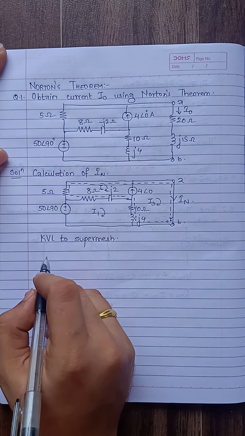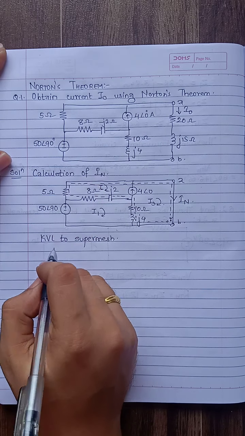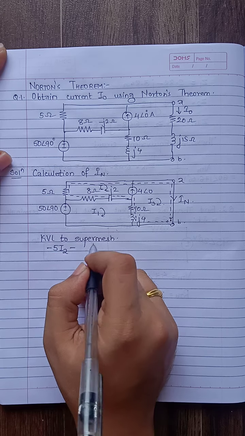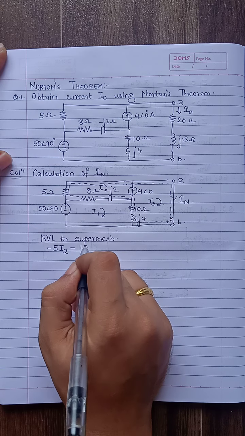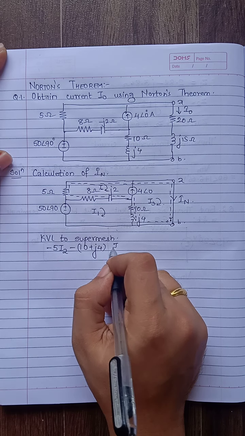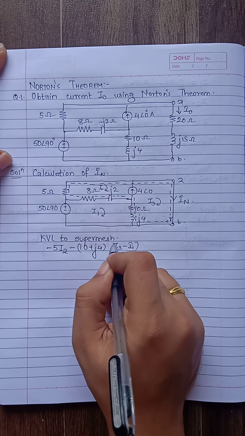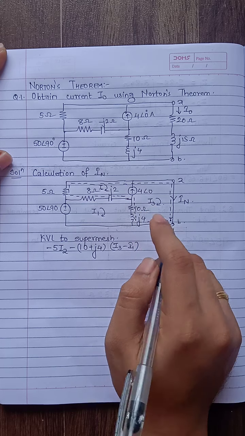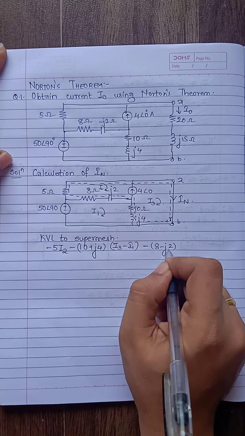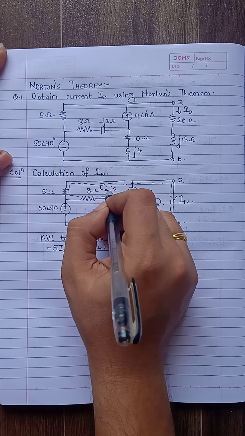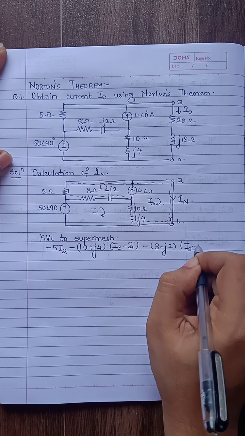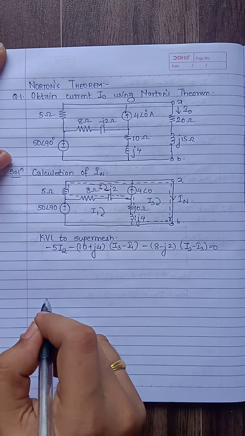So KVL to super mesh. It will give me minus 5I2, I'm starting from here, minus 5I2 minus (10 plus J4) into (I3 minus I1), that is this, then (8 minus J2), since this is minus J2, into (I2 minus I3) equals 0.